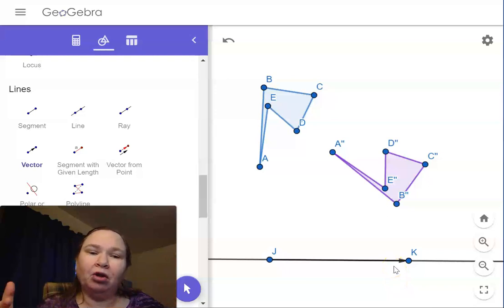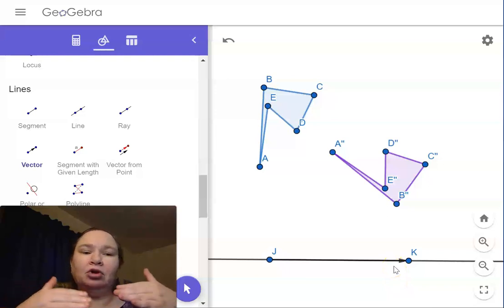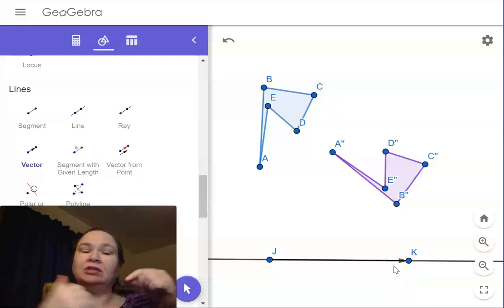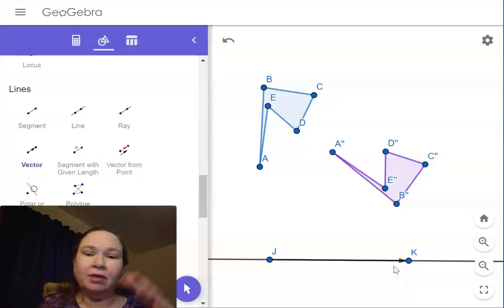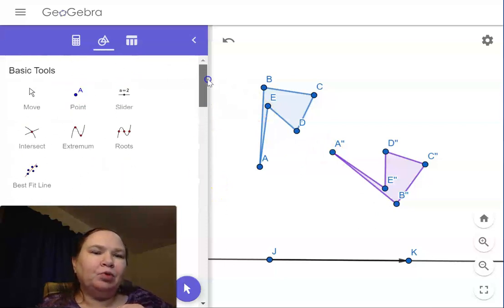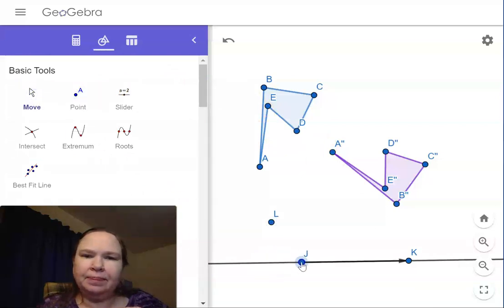We could have it parallel, but any parallel vector tells you the same translation. So I'm just going to put it in the line. And now I'm just going to put a point on, and we're going to look at what happens to that point. I'm going to make this glide vector a little shorter.